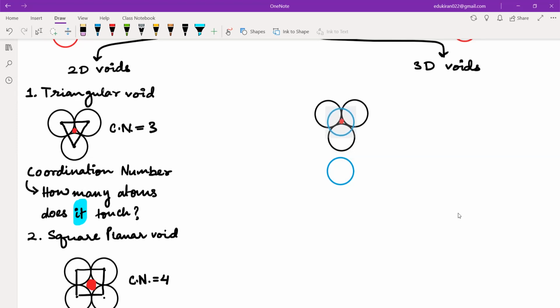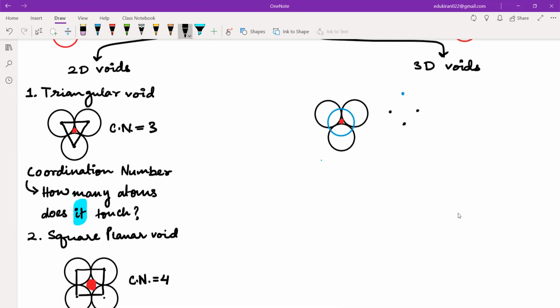As soon as I have made these three circles in the context of 3D, they have become spheres. You can imagine I have three footballs lying on the floor, and then I take another football and keep it on top of them. Now I have got a void. In order to name it, I will first take the midpoints here. These are the three midpoints, and then I have a blue atom above.